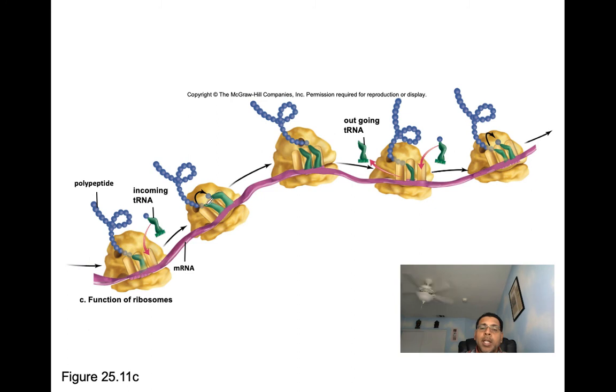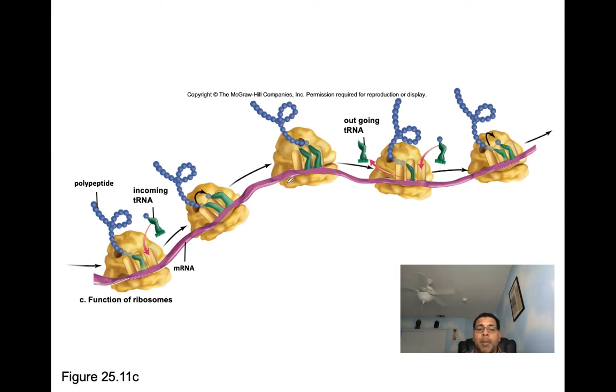Now this tRNA in the P site is going to be empty, you can see here. The tRNA in the A site has the growing polypeptide chain. Then this tRNA in the P site is going to jump into the E site. Once it jumps into the E site, then it's going to be able to exit from there. And that tRNA in the A site is going to jump into the P site. So here you can see it's in the P site.